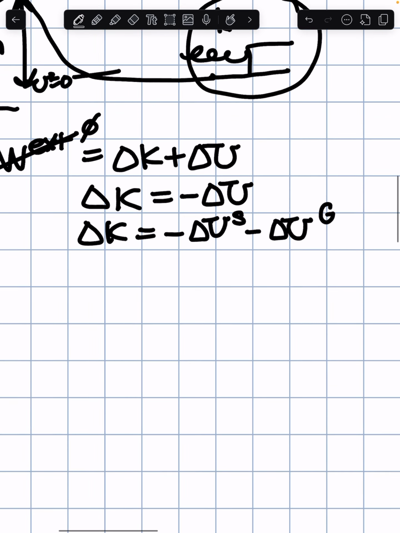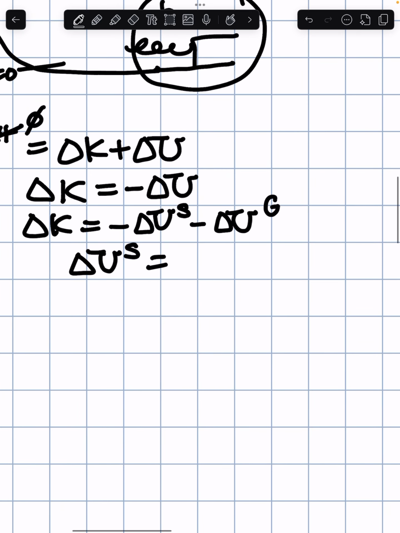So again, writing this out again, delta U of the spring is going to equal negative delta U gravity minus delta K. I'm sorry, I forgot to write the U. It's a little unfortunate. Okay.